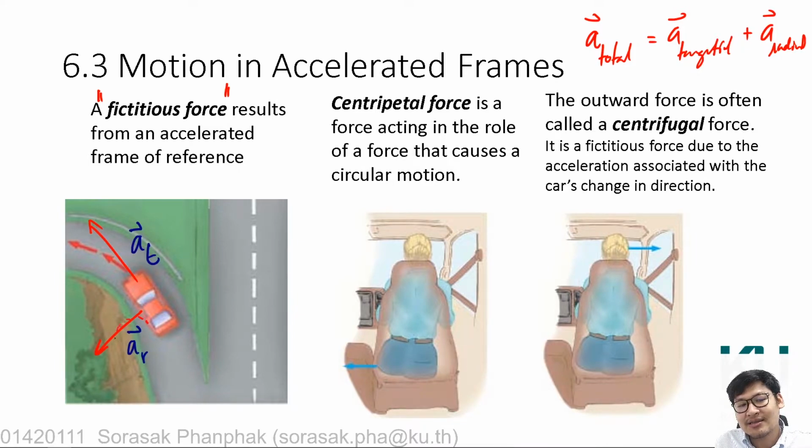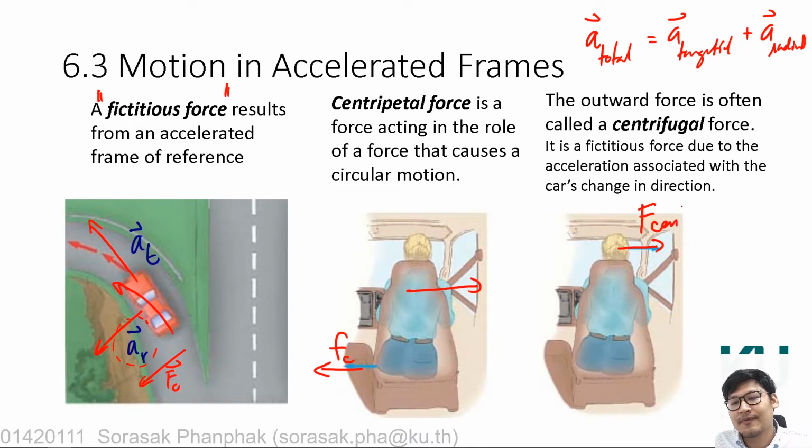So the radial acceleration here introduces the centripetal force, right? As we already know, when the car is cornering like this, the friction provides the centripetal force. However, your body tends to move outward like this. You mostly knock against the shield or a window here if you turn quite quickly. So this force we call the centrifugal force.